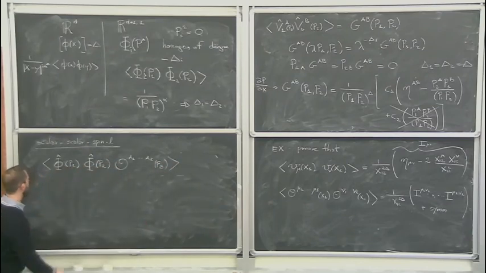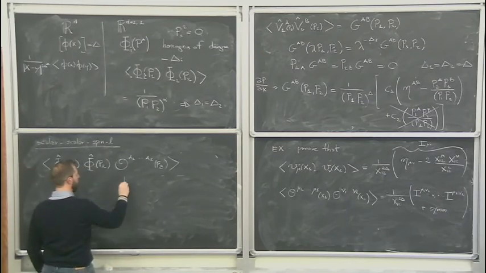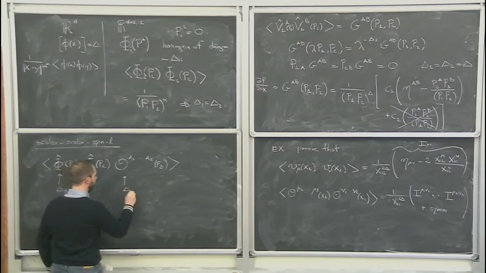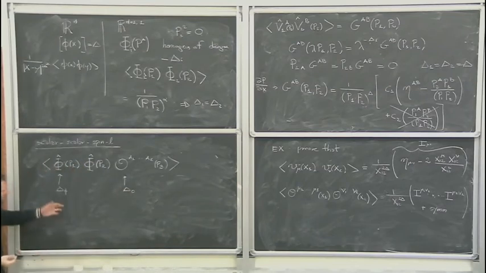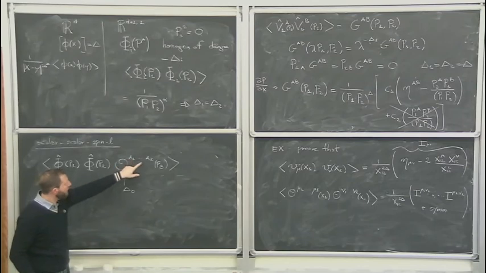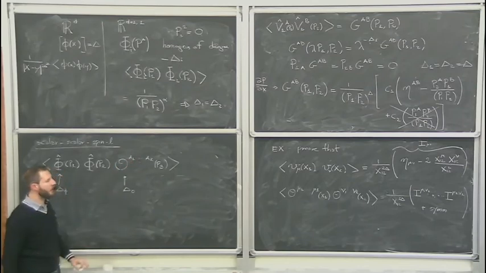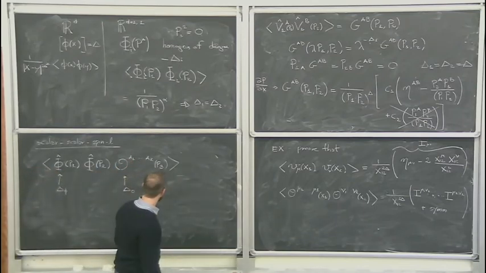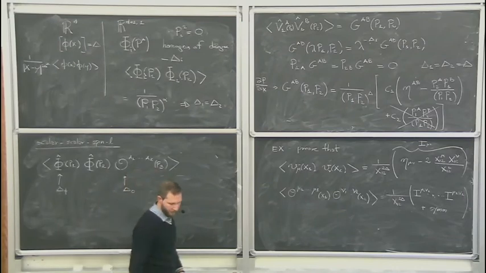And this phi is homogeneous of degree minus delta phi, and O is homogeneous of degree minus delta O. And in addition, O is traceless symmetric, and it is transverse.